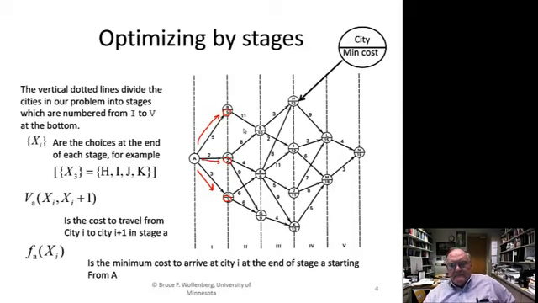So if I look at the city E, if I go from B to E, the cost to get to B was 5, and then the cost from there to E was 11, and so that would be a cost of 16. If I went through C, from A to C, the cost was 2, and then I went up this way, the cost was 10.